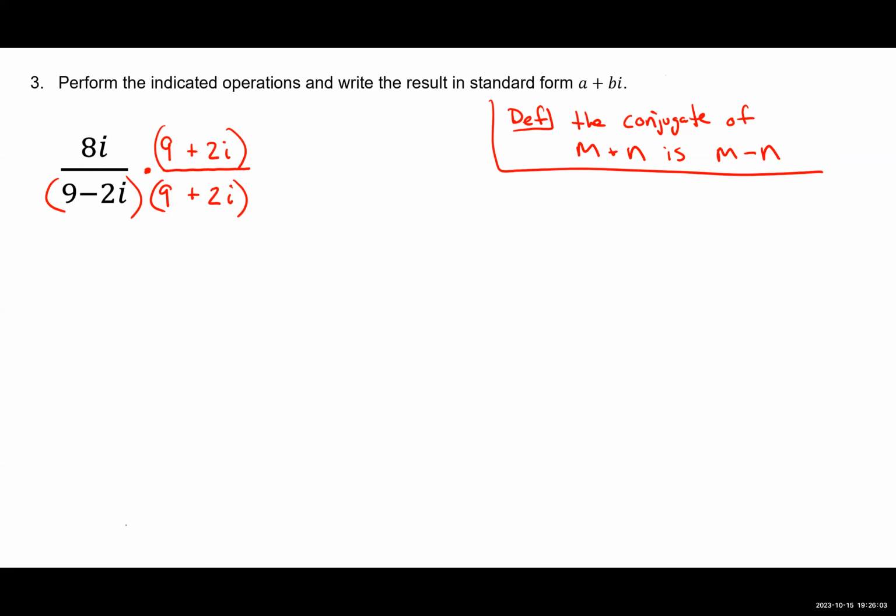Okay, and if you do this, it will cancel out the i on the bottom 100% of the time. All right, so let me rewrite this so we have a little bit more room down here. We've got 8i multiplied by 9 plus 2i. And then on the bottom, we've got 9 minus 2i multiplied also by 9 plus 2i.